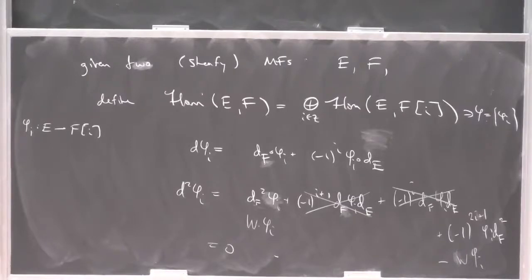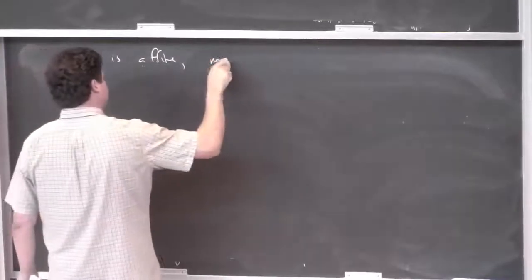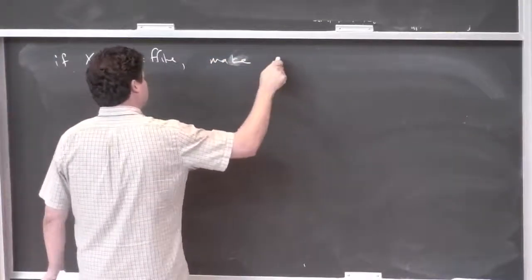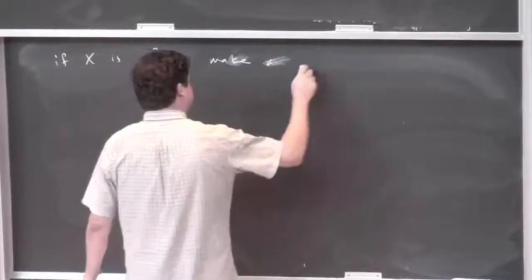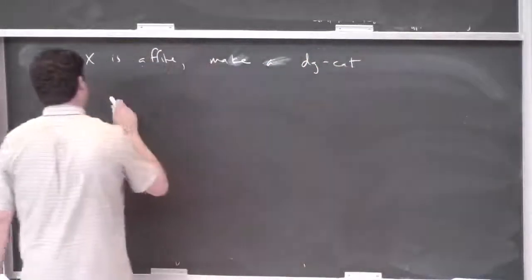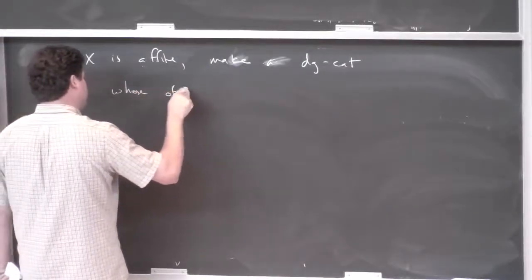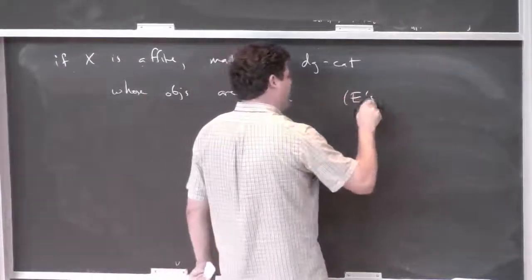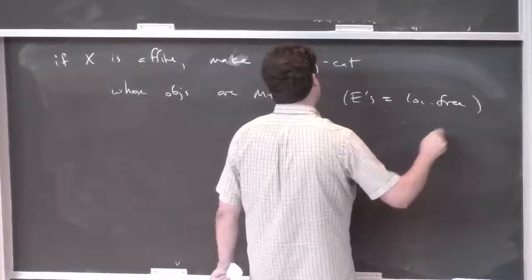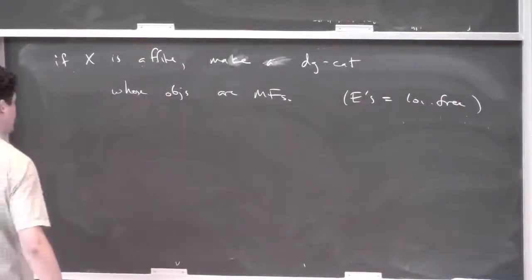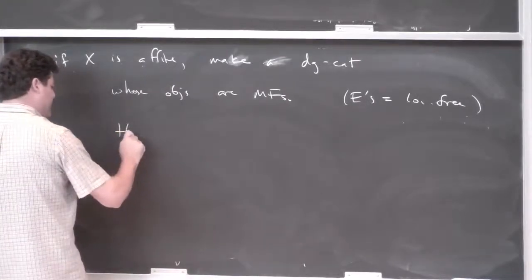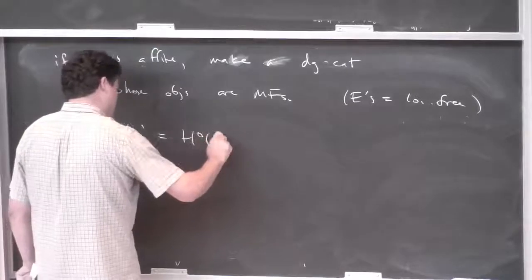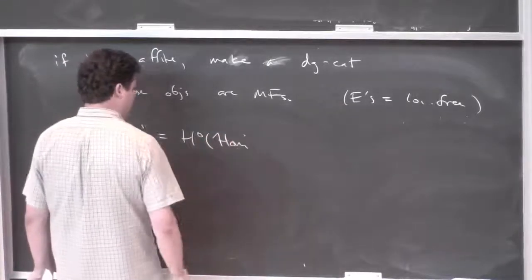So our first attempt at a DG category. If X is affine, make a DG category whose objects are matrix factorizations where the E's are locally free, and straight Hom is just H0 of the sheaf Hom complex.